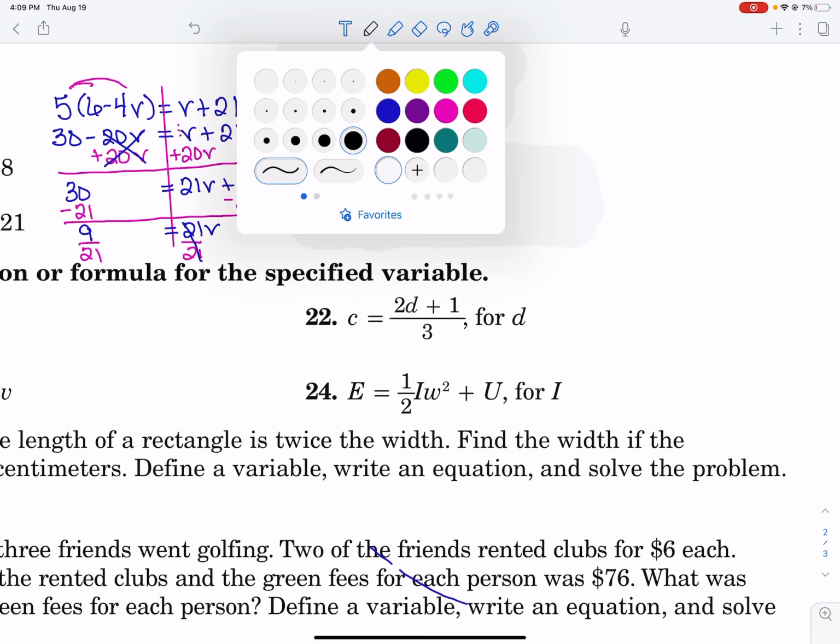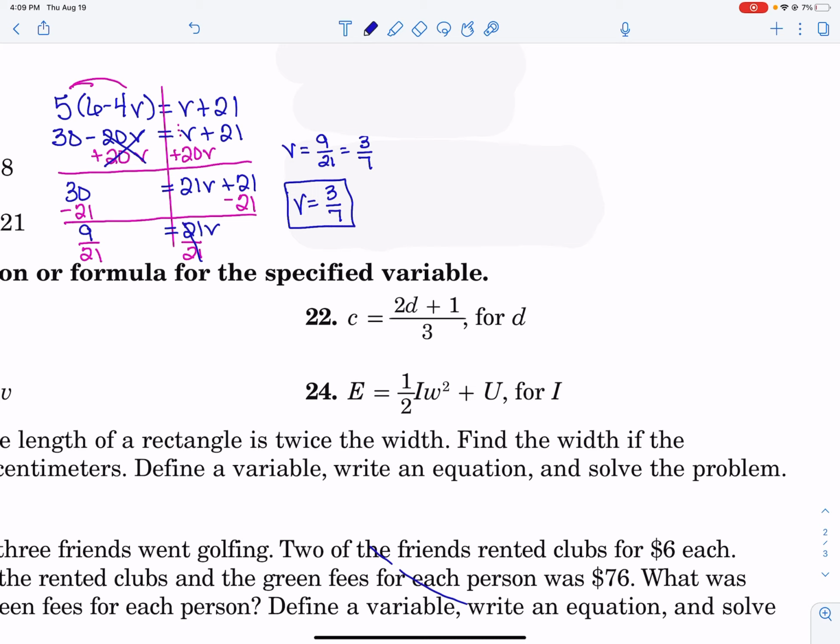All right. So I'm going to take the original equation of 5 times 6 minus 4V is equal to V plus 21.